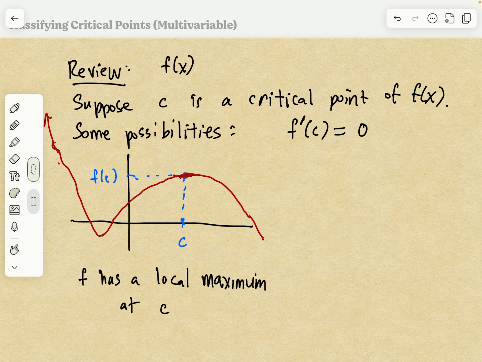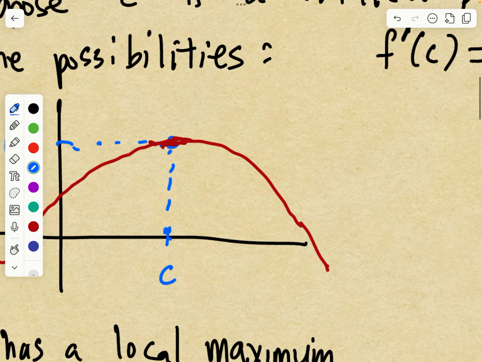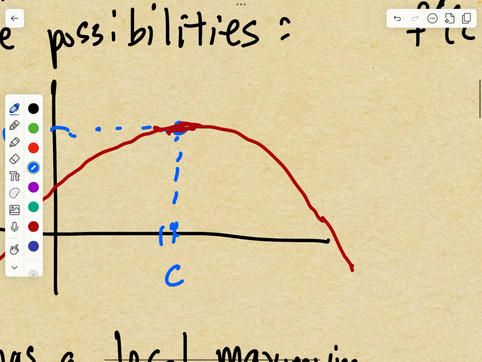To say that you have a local maximum means that in the immediate vicinity of c, so if you look a little bit to the left and a little bit to the right of c, and you only look at the y values corresponding to these values of x, the y value at c is the biggest.